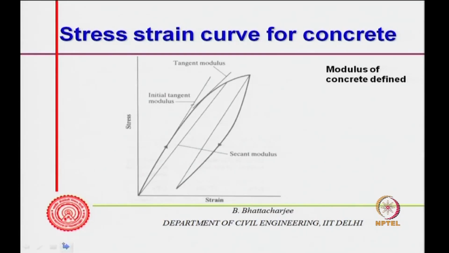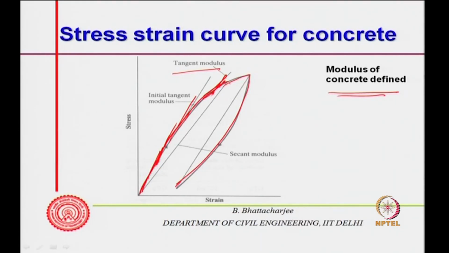Well, since it is non-linear, we have to define the modulus of concrete. Its behavior is something like this, and then it follows something like this. So, you define something called the initial tangent modulus. The tangent if you draw here, that is what we call the initial tangent modulus, but I can draw a tangent anywhere, that is called the tangent modulus at that particular load.